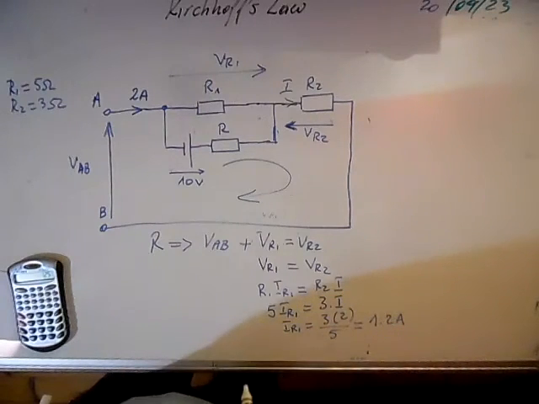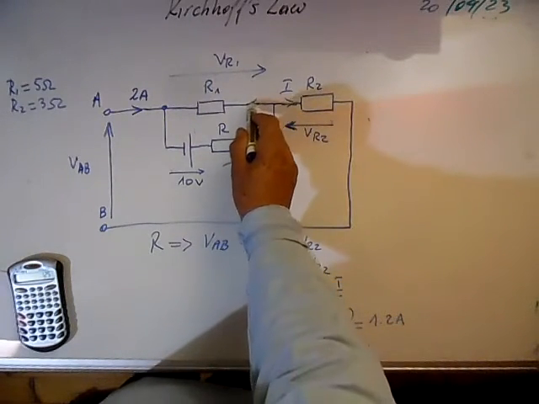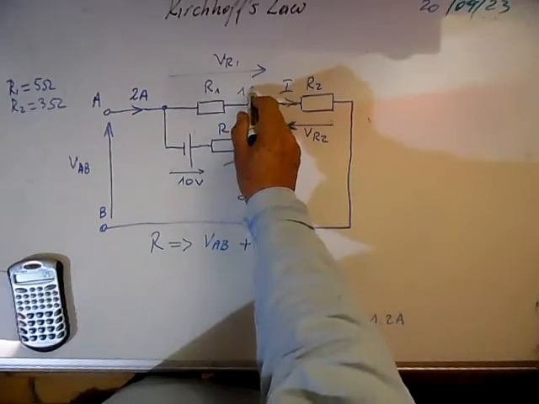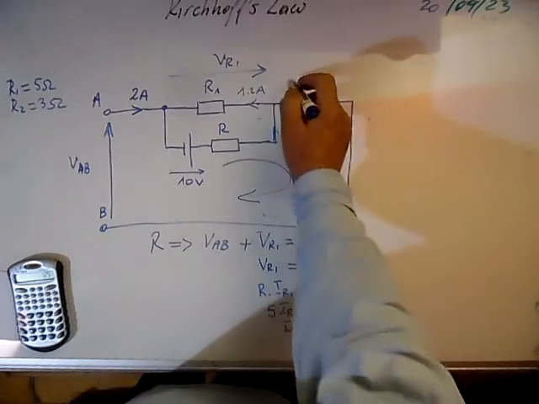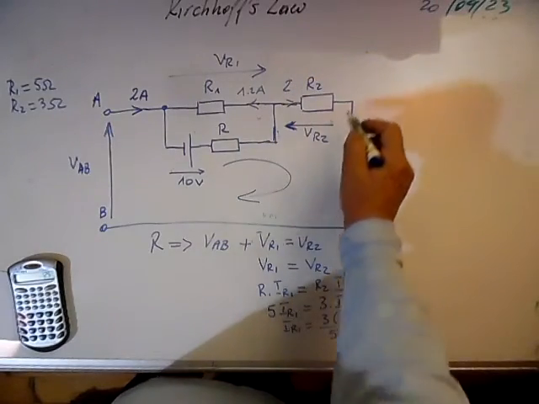So the current that flows here is 1.2 amps, and here flows 2 amps.